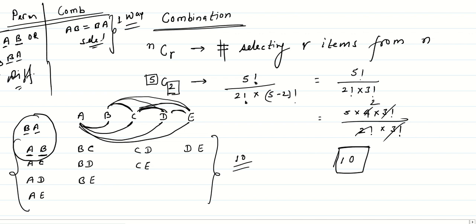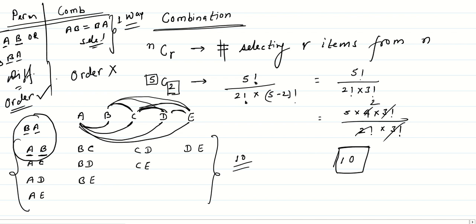Because in the permutation, we talk about the arrangement. Different slots, how many ways you can arrange them. That's why in the arrangement, the order matters a lot. But in the combination, the order in which you select does not matter. Makes sense?